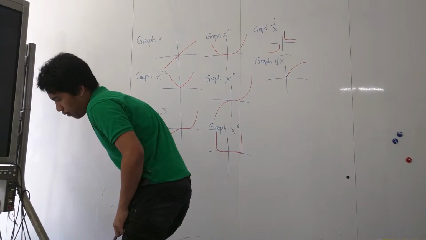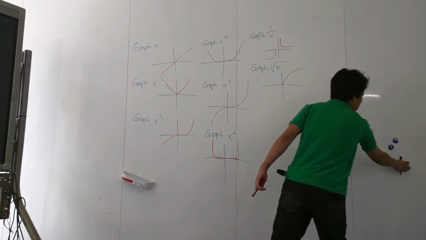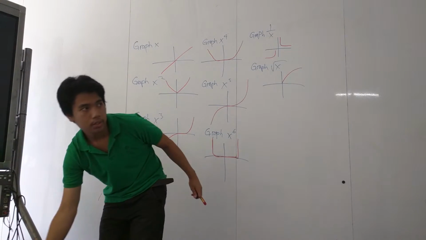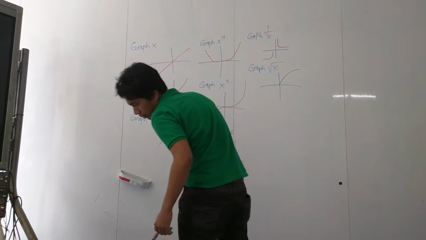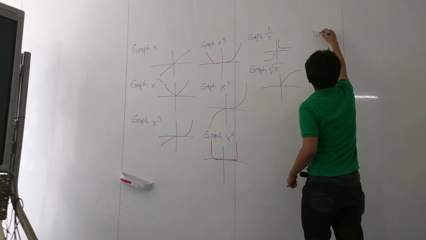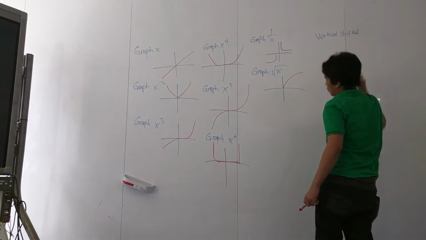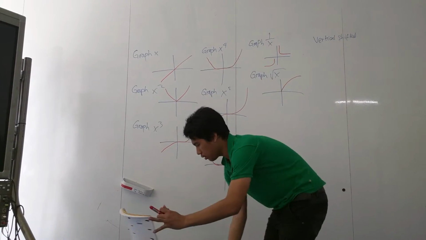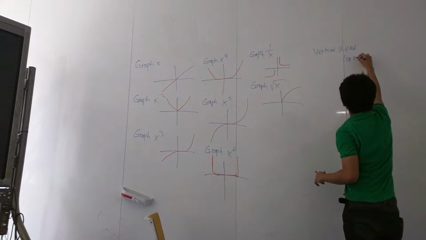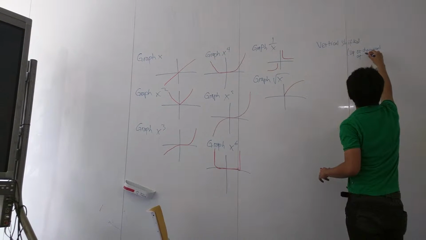So first of all, I'm going to talk about vertical shifts of graphs. Vertical shift is about moving the graph either up or downward.